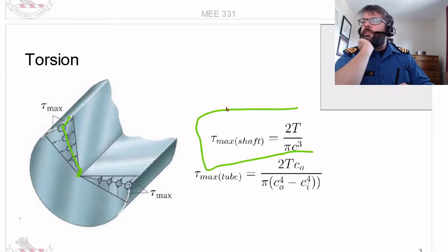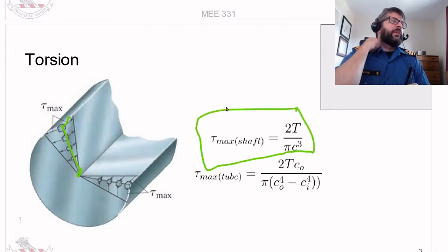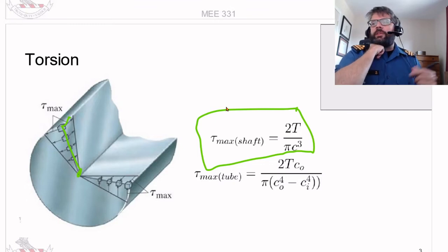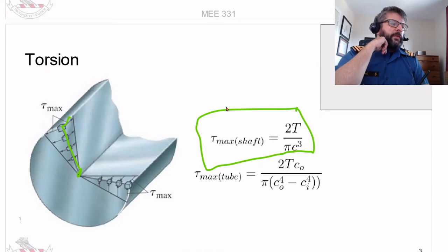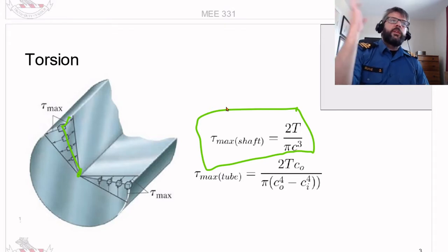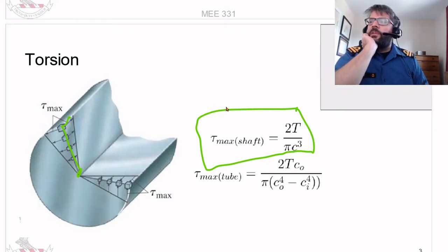If we have a tube, on the other hand, the base principles we're using to derive this are exactly the same. Shear is going to increase linearly from the centroid, and everything needs to add up enough to counteract the torque.